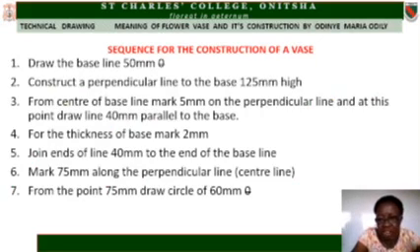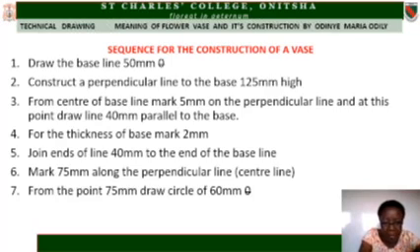Sequence for the construction of a vase. 1. Draw the baseline 50 millimeters diameter. 2. Construct a perpendicular line to the base 120 millimeters high. 3. From the center of the baseline, mark 5 millimeters on the perpendicular line, and at this point, draw a line 40 millimeters parallel to the base. 4.